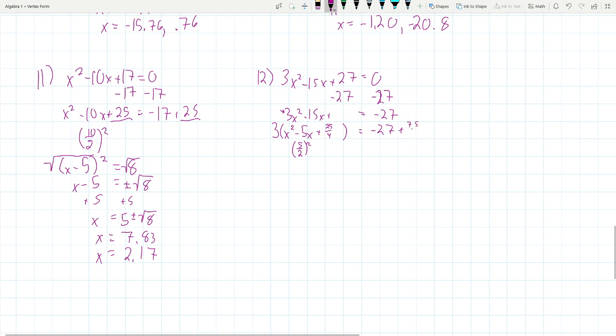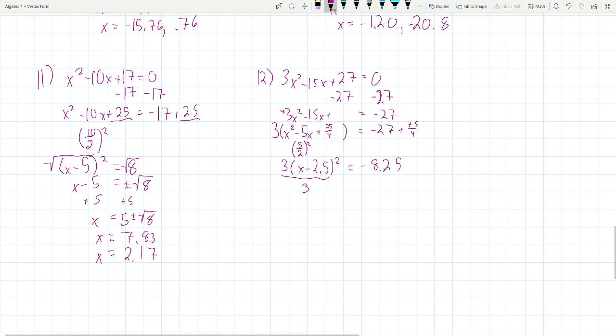And so I get 75 over 4. And so as I continue through this, I get 3 times x minus 2.5 squared. We can reduce this down; we don't really need to worry about the 25 over 4. It's just this 5 over 2, which is 2.5. That squared equals negative 27 plus 75 over 4, which is negative 8.25.